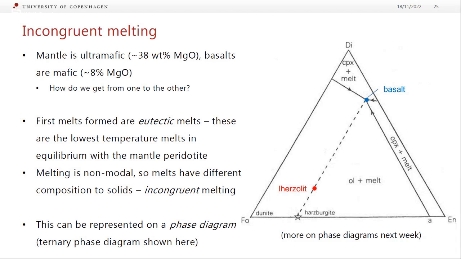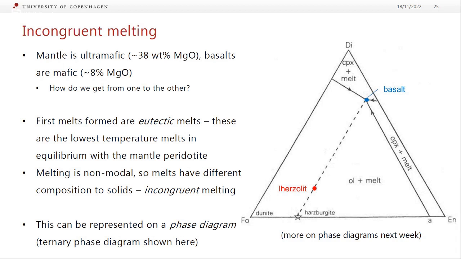Yes? So melting the mantle will have more water polluting, and the salt will be more polluting. Yeah, so before we went from lherzolite, which is olivine, orthopyroxene, clinopyroxene, and as we melt it, we go towards harzburgite, it's olivine and orthopyroxene.